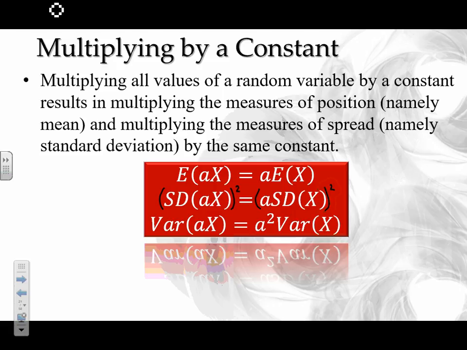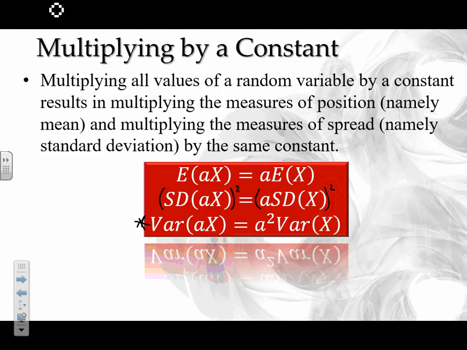On the right side, it said I could take standard deviation times a, but if I square that expression, the standard deviation becomes variance, but a also needs to be squared to maintain the proper relationship. Okay? So if you're talking variances, when you multiply by a constant, you need to square that constant to multiply it by the original variance. That's extremely important. You definitely want to make sure you know that.